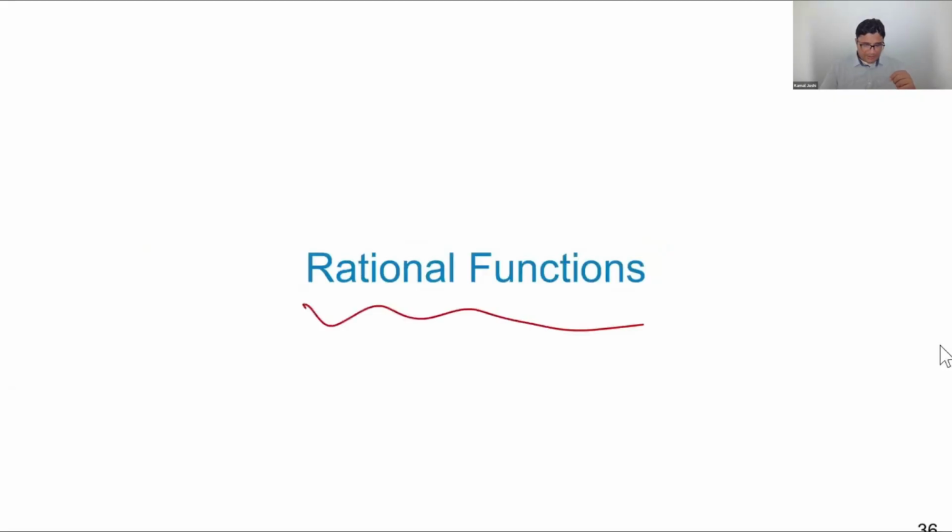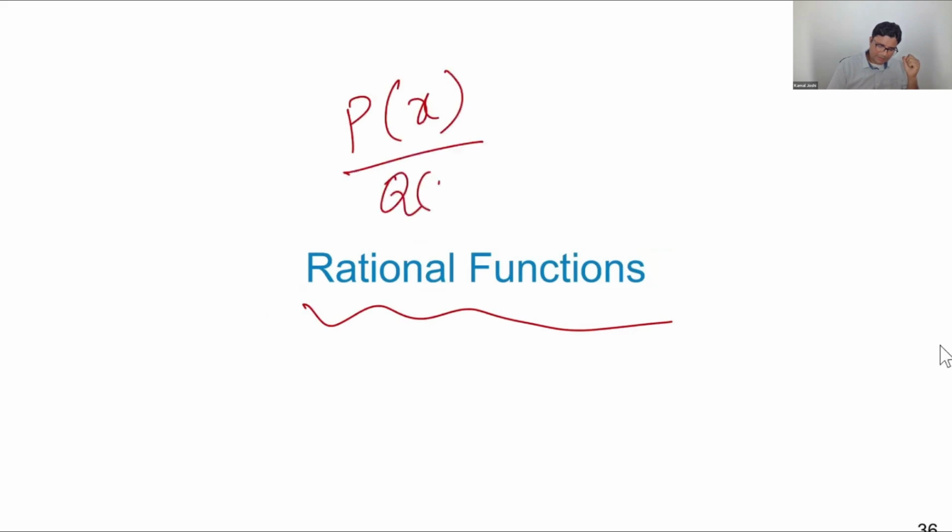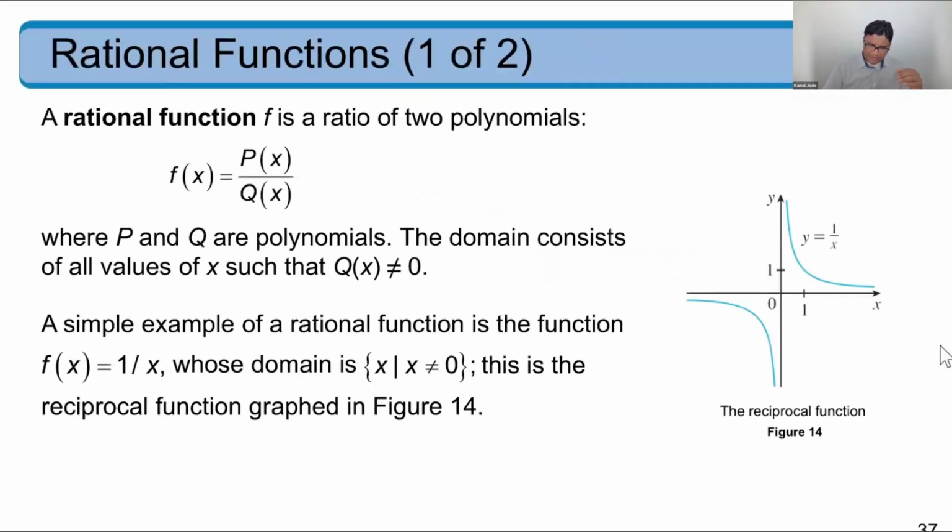A generalization of the reciprocal functions, one step further, is rational functions. What is a rational function? p of x over q of x. In general, we say a ratio. From the word ratio comes the rational functions. Numerator and denominator are polynomials. Let us look at the general definition and some examples.